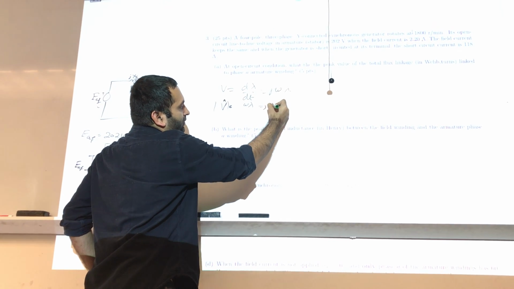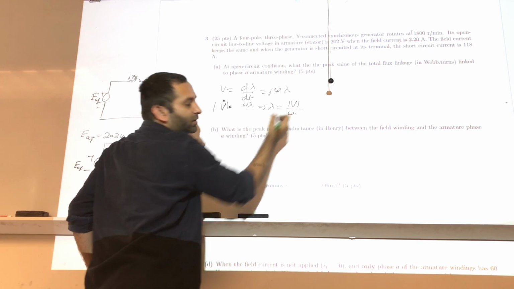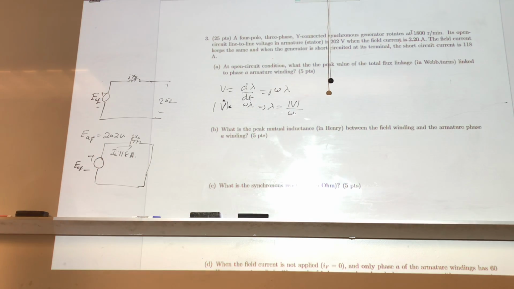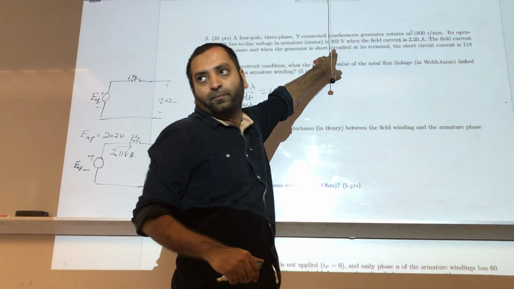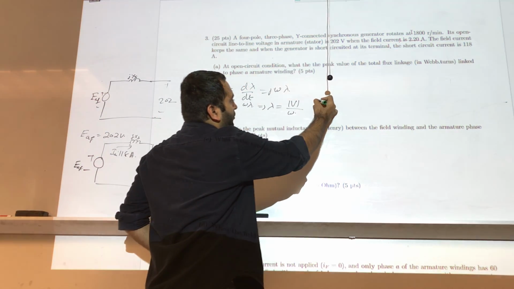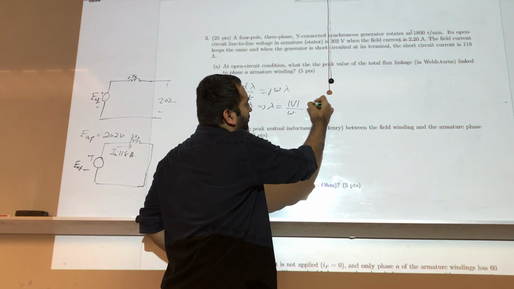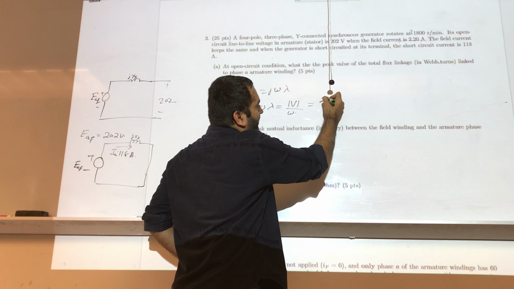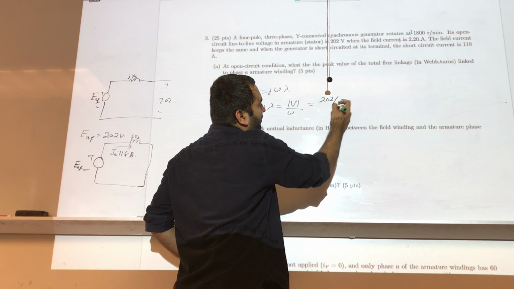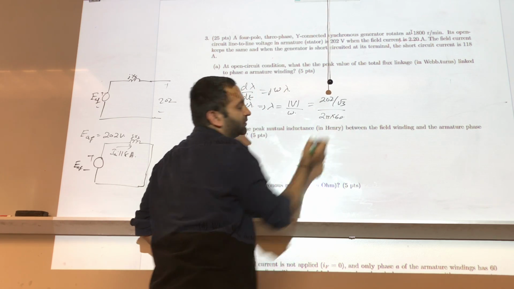Lambda is equal to V magnitude over omega. You can find the V magnitude here, which is 202. It should be 3 phase, so it should be 202 over square root of 3 times omega, which is 2 pi times 60.